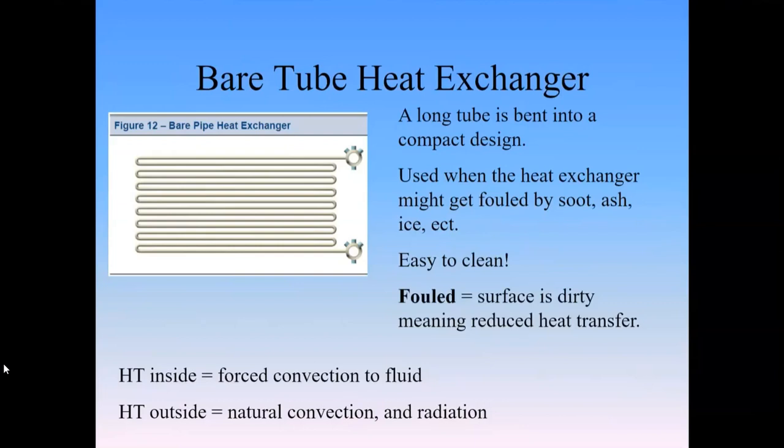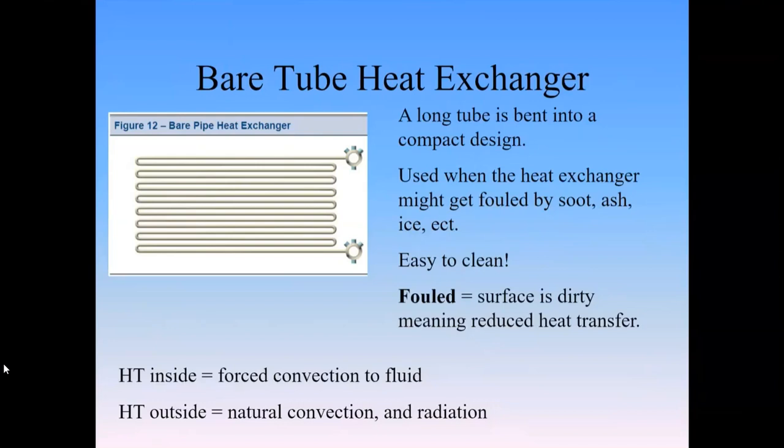Bare pipe heat exchangers aren't all that efficient and effective, but one thing that they are is easy to clean and cheap. So you have the very basic setup, but often in a place where it's going to be easiest to clean is the key thing with this type of heat exchanger.